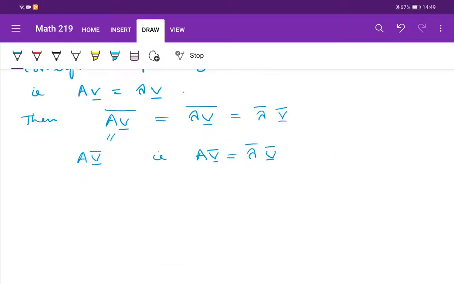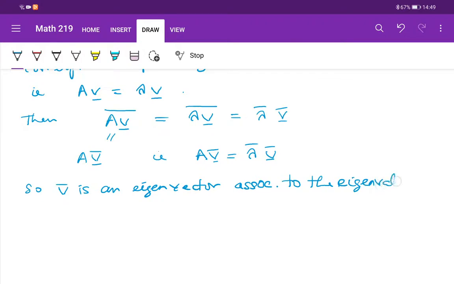Okay, so we see that if v is an eigenvector of A corresponding to an eigenvalue lambda, then v bar, the conjugate of v, is an eigenvector associated to the eigenvalue lambda bar.